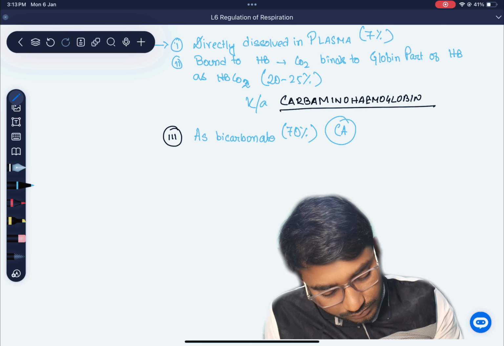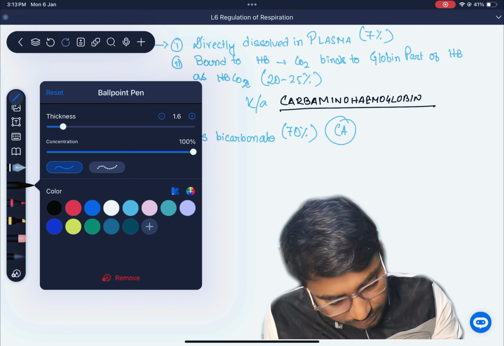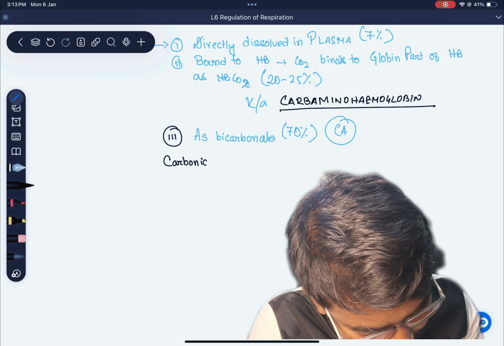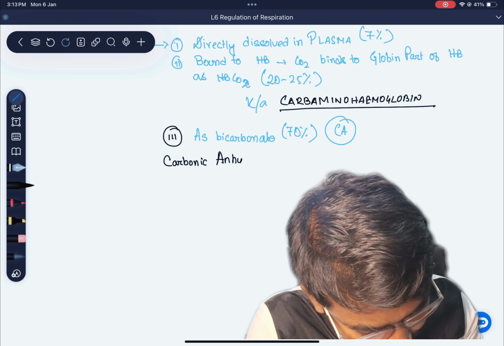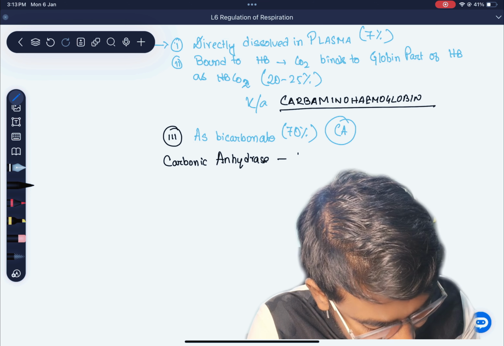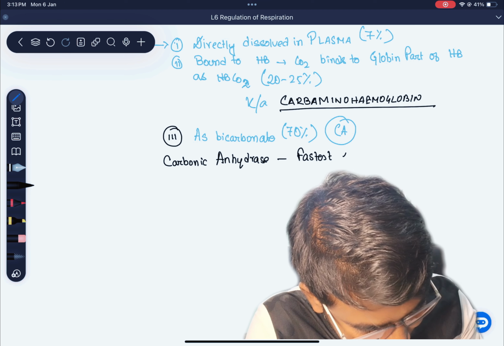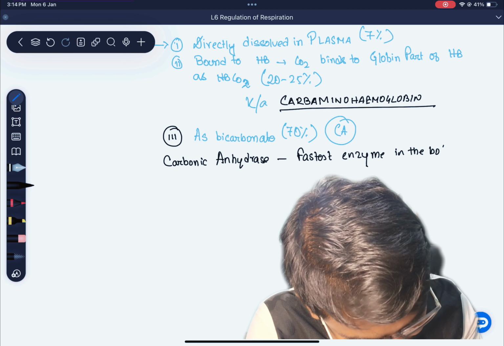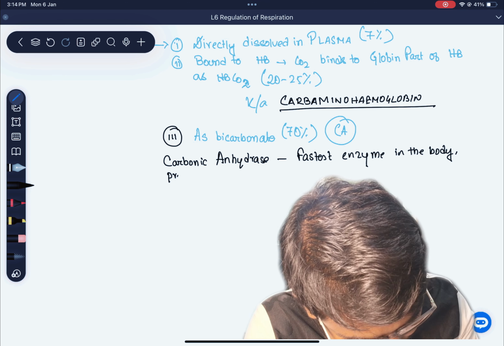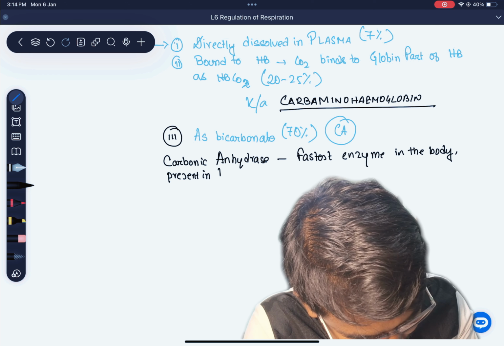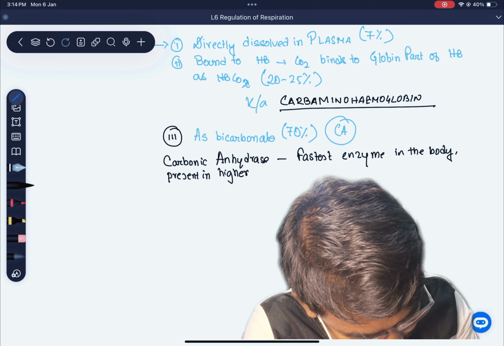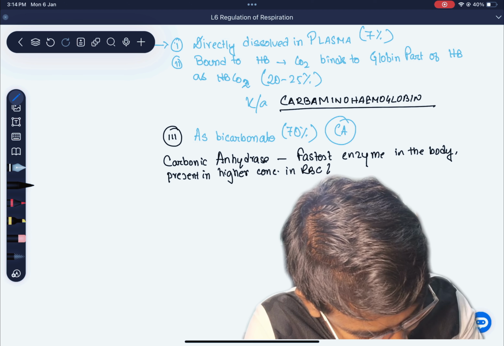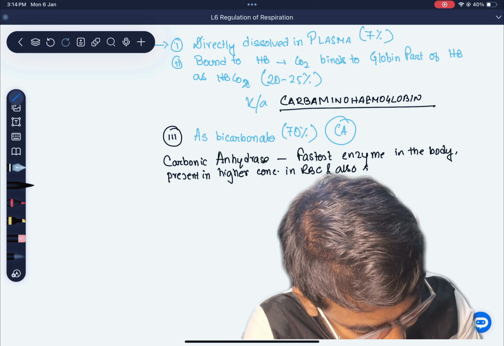So now write carbonic anhydrase: the fastest enzyme in the body, present in higher concentration in RBC and also some in plasma.